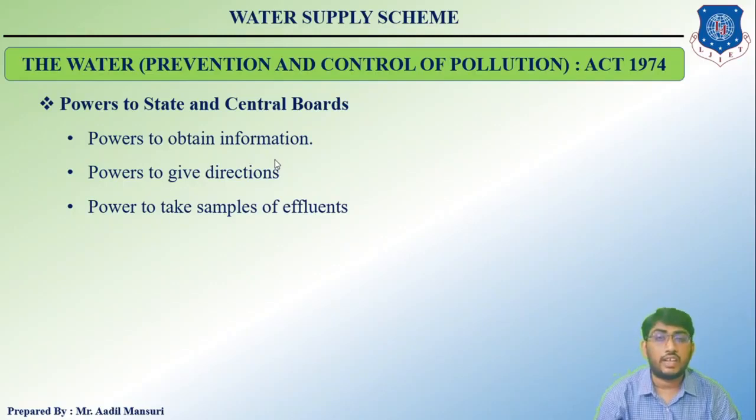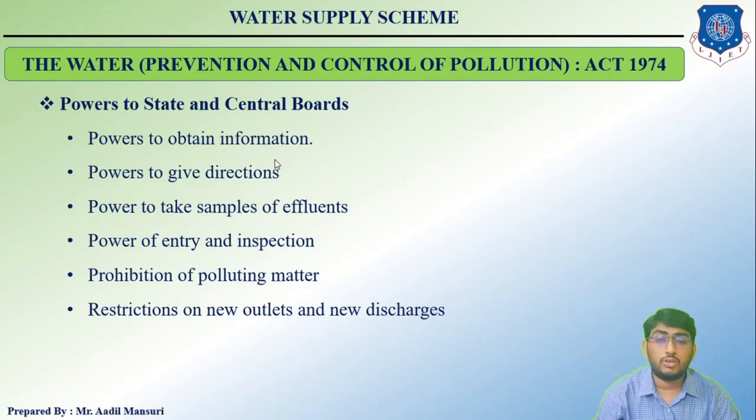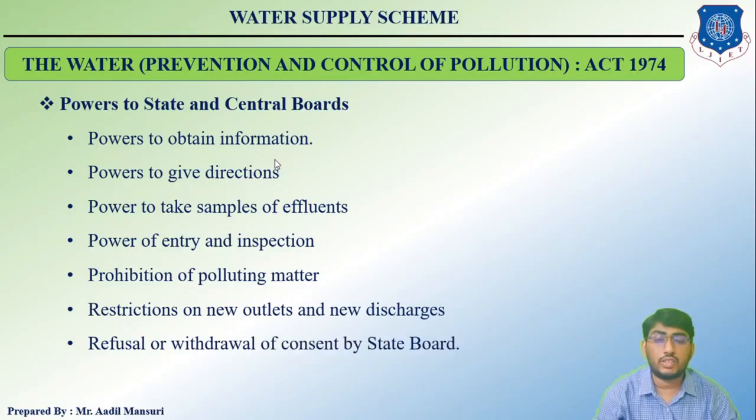The central or state board has that particular right. Then power of entry and inspection. Then prohibition of polluting matter. Then restrictions on new outlets and new discharges. Then refusal or withdrawal of consent by the state board.